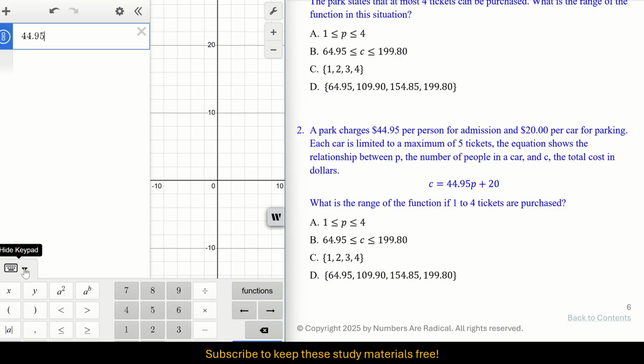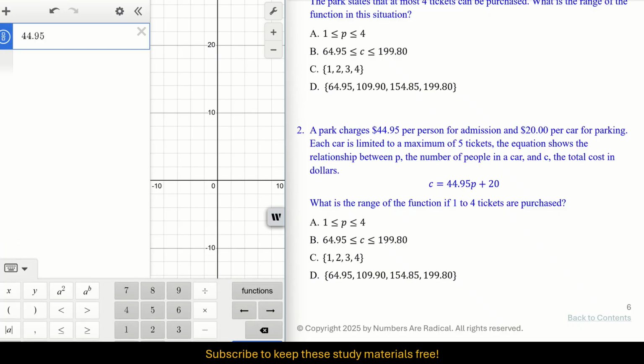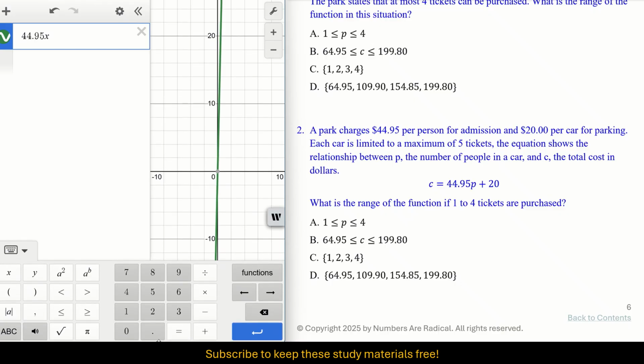As you can see, mine gets hidden underneath my video, but pop it up and you can use that too. So there's your X. Okay, and then let me push it up so you can see the whole thing. Here we go. Okay, so plus 20.